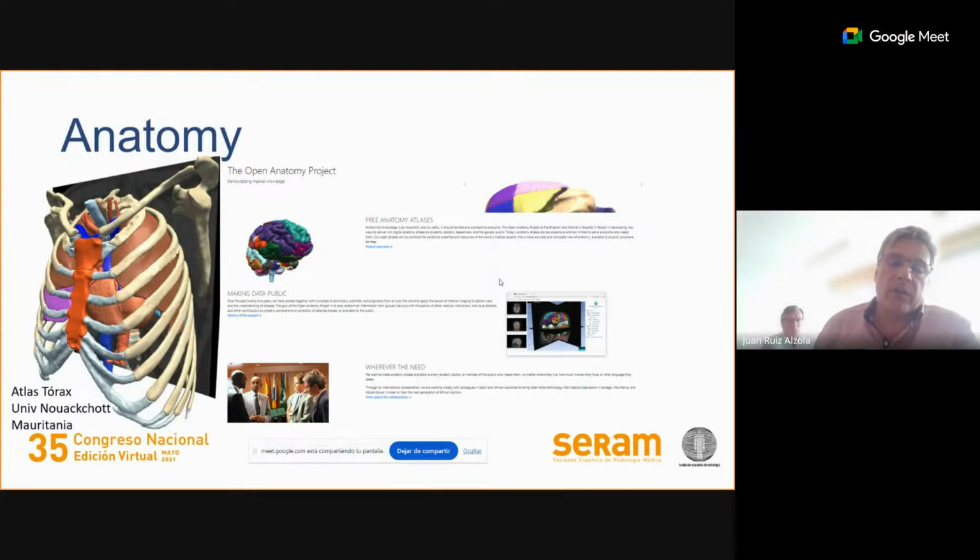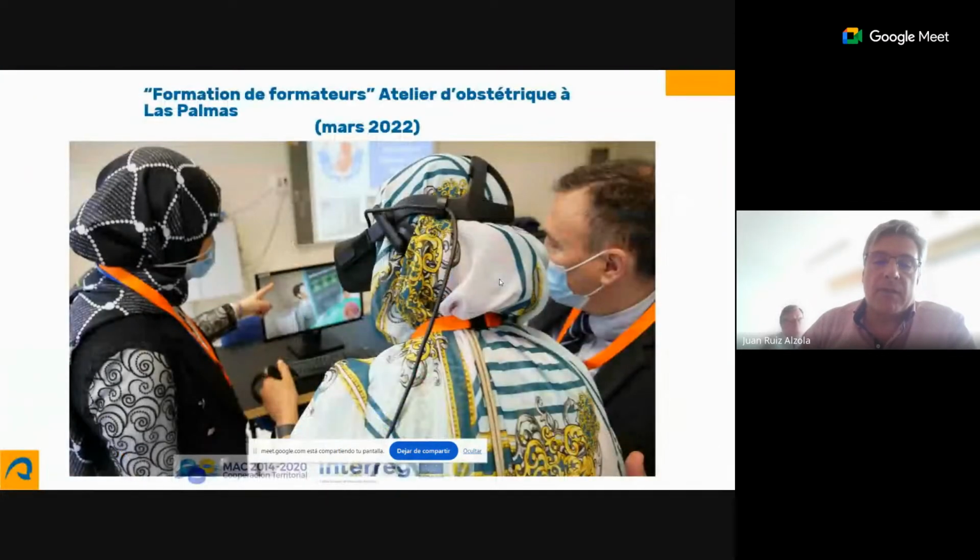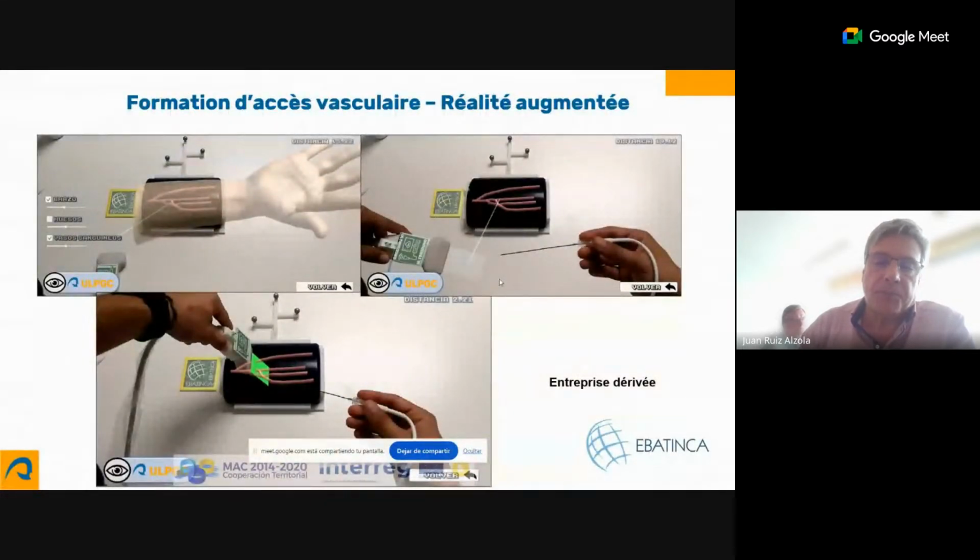We are also developing some clinical simulators for training, and I believe these are the main applications. So here you can see we have been developing systems not only under Slicer, but also using video gaming technology for clinical training.